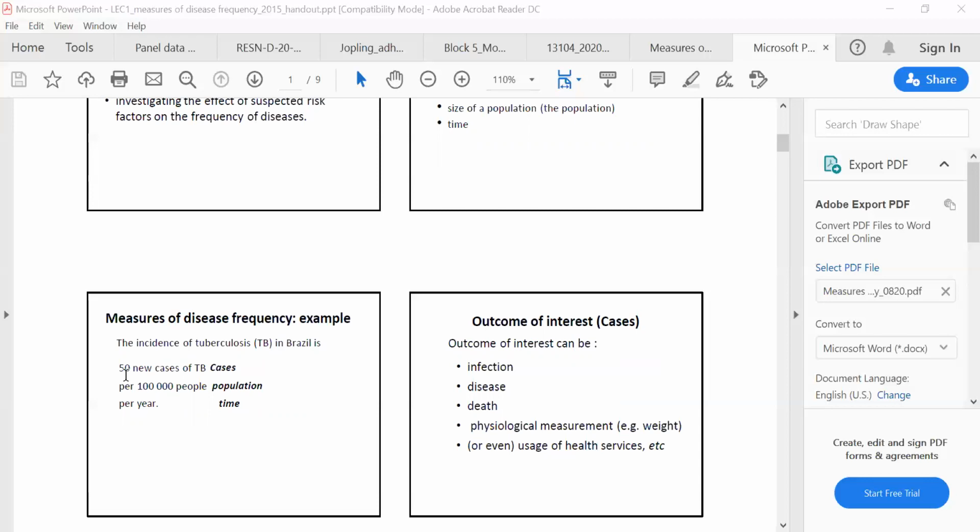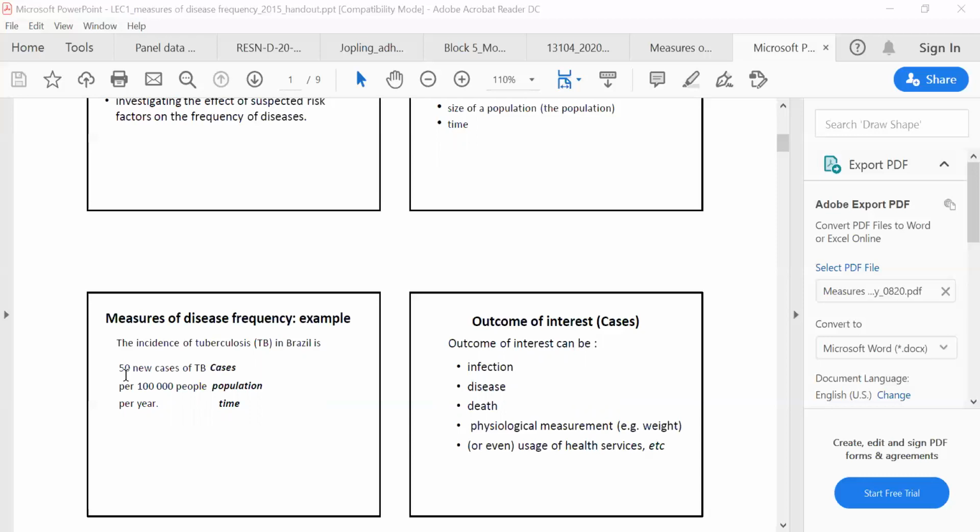By this, we are using the case as a definition. Then we can expand this further to say we have 50 new cases of TB per 100,000 people. That's the population. Then over a period, which is per year. By combining all these things, we can really understand what we are saying about TB in Brazil.